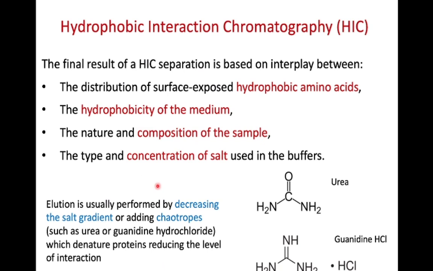The elution is usually performed by decreasing the salt gradient or adding chaotropes, such as urea, or we can use guanidine hydrochloride.